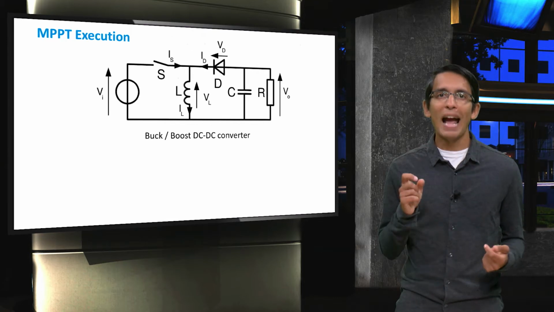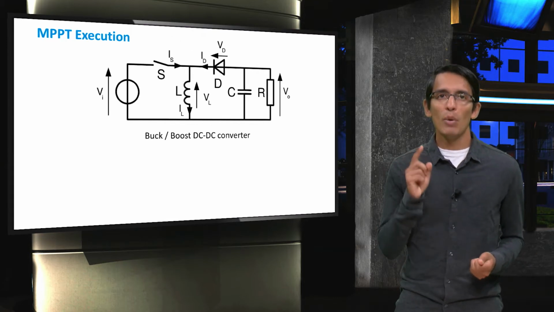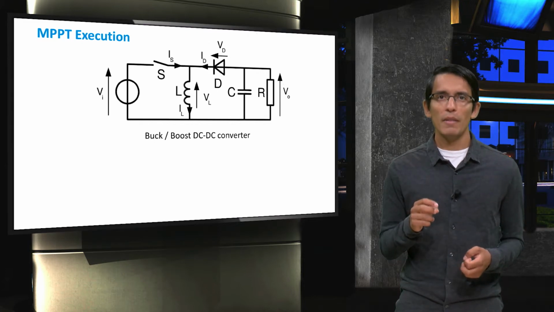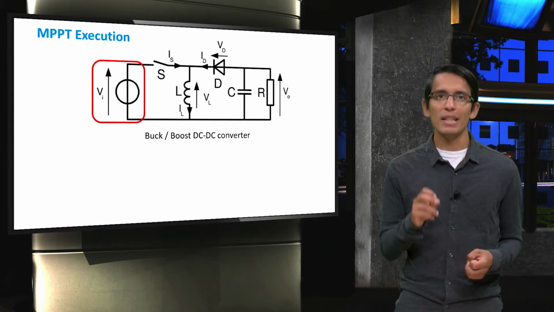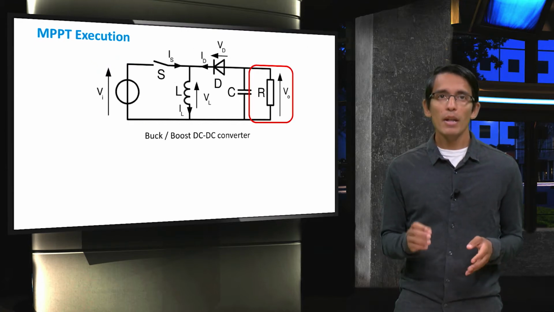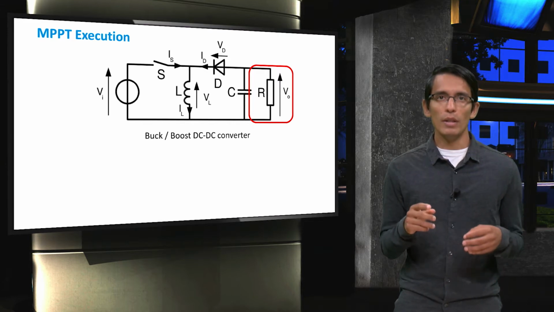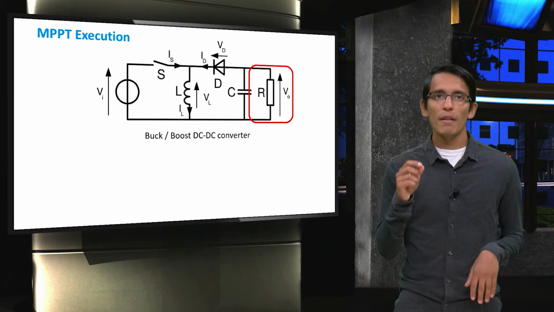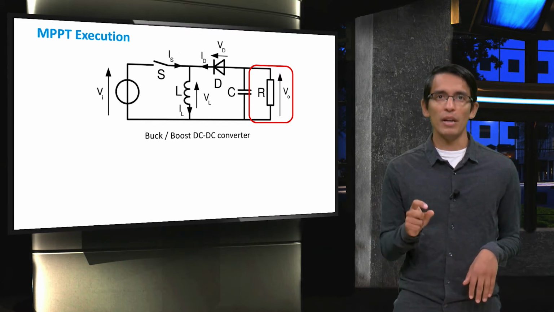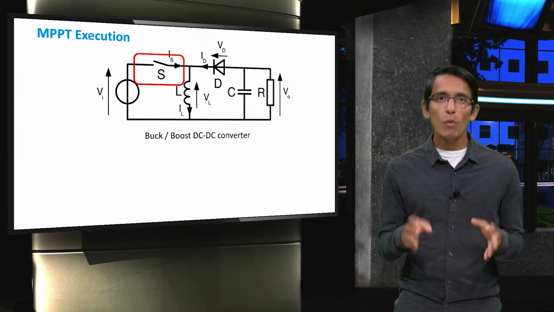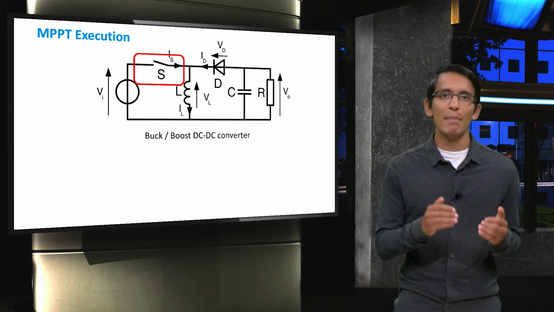I won't go through how the DC-DC converter operates, but I will point your attention to a few important aspects of it. First, you'll notice that there is a VI representing the input voltage and a VO representing the output voltage. This output voltage is over a load, while the input voltage is generated by a source. Finally, you will see that there is a switch labeled S. So you can imagine that we have a given output voltage and we want to force the input voltage to be our desired VMPP.